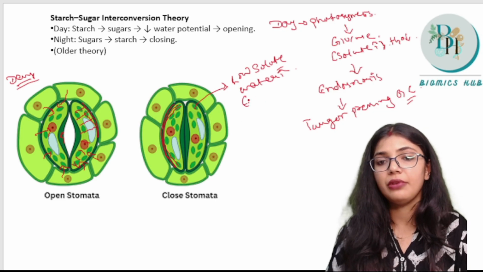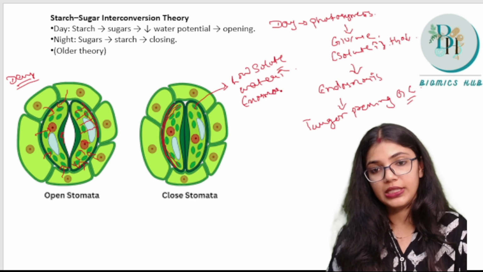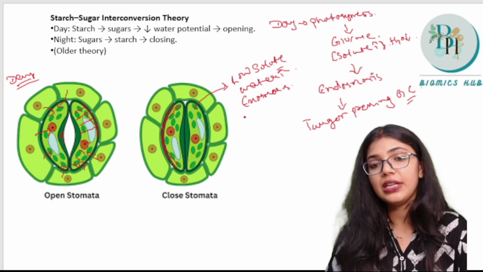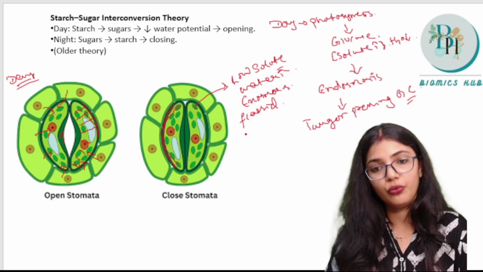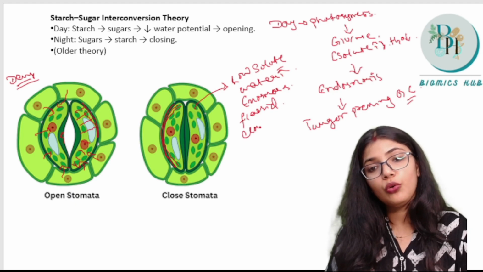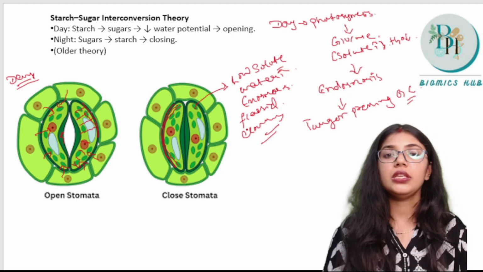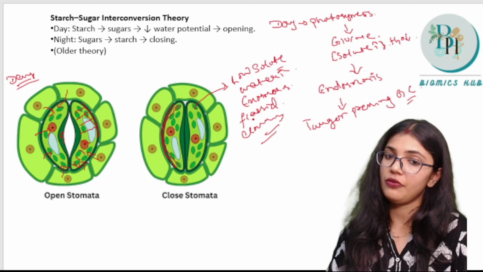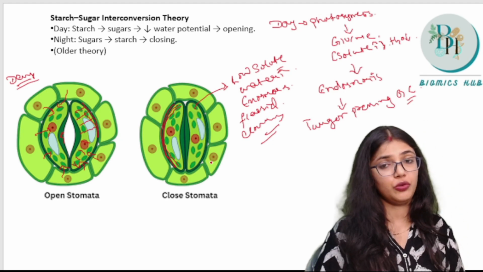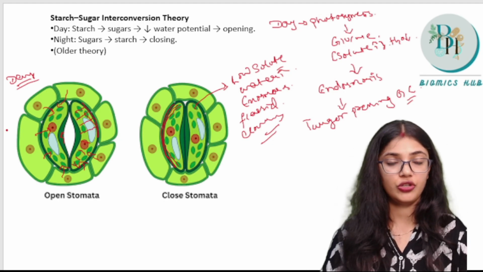So here there will be exosmosis, due to which the guard cell will be flaccid, and due to which there will be closure of the stomata. This is how the starch sugar interconversion theory describes the opening as well as closing of the stomata during the day and night conditions.